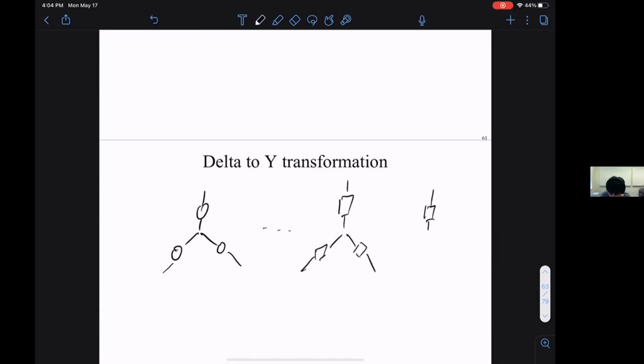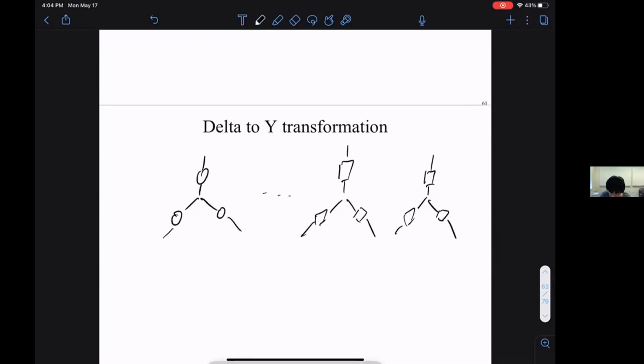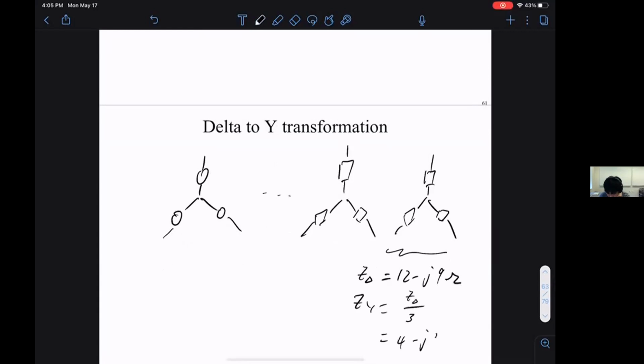So for this, if my Z delta is 12 minus J9 ohms, then ZY is the delta divided by 3, 4 minus J3 ohms.